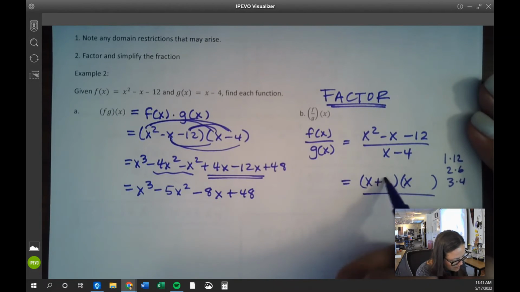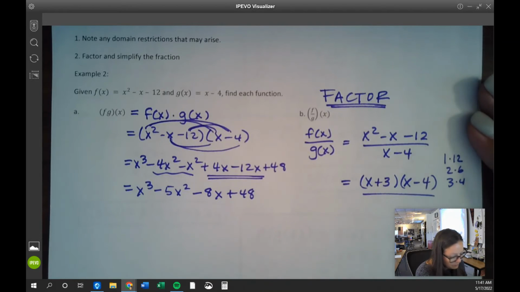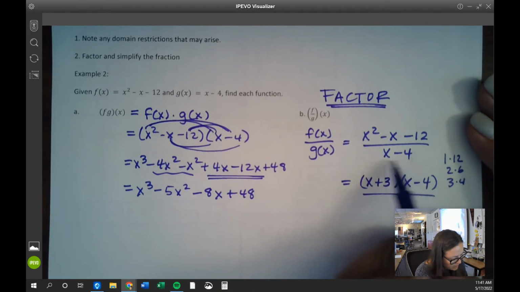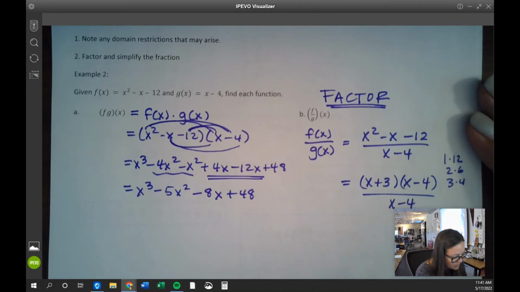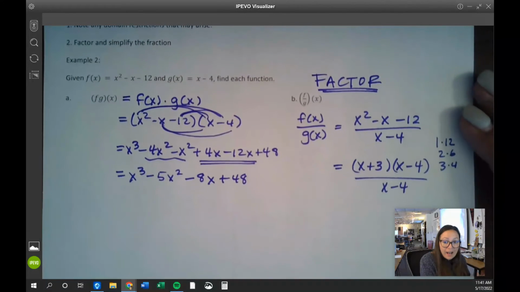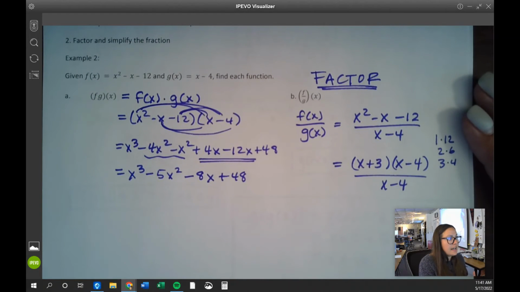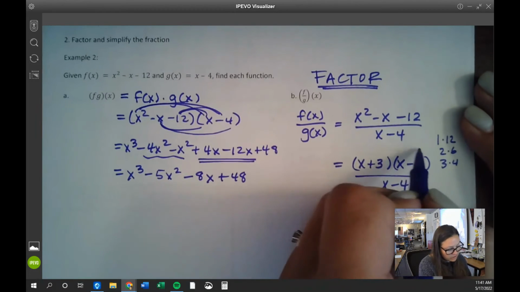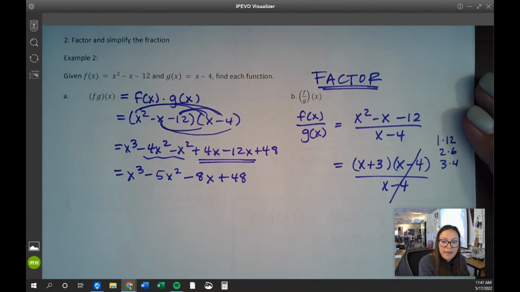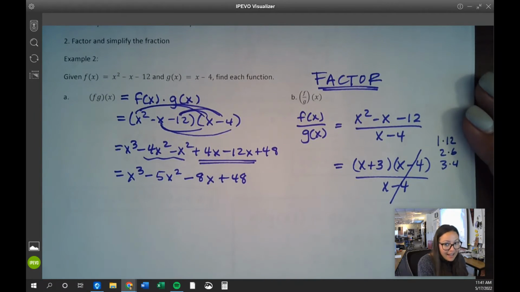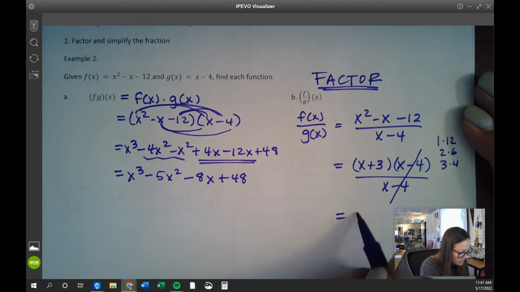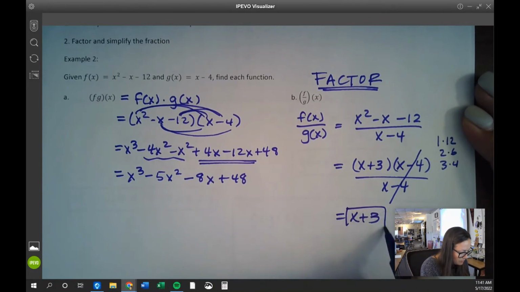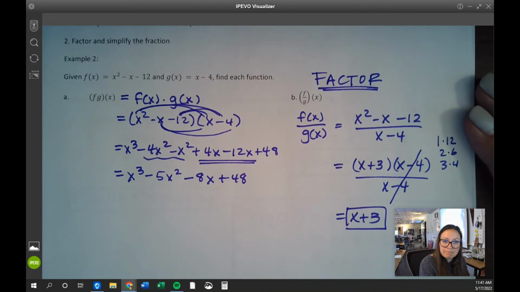To get a minus x, I'm going to have x plus 3 and x minus 4. On the bottom, there's nothing I can do. However, since the top and the bottom have something in common, I can cancel that out, and this will simplify to just x plus 3.